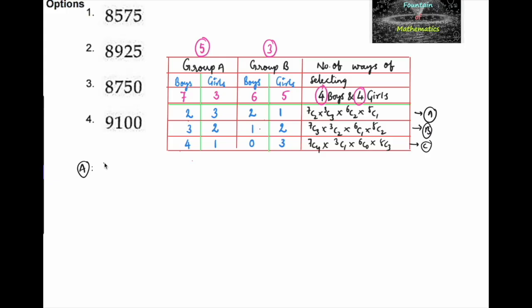Case A: 7C2 into 3C3 into 6C2 into 5C1. And we know that nCr is equal to n factorial by r factorial into n minus r factorial, and nC0 is equal to nCn is equal to 1, nC1 is equal to nC(n-1) is equal to n.